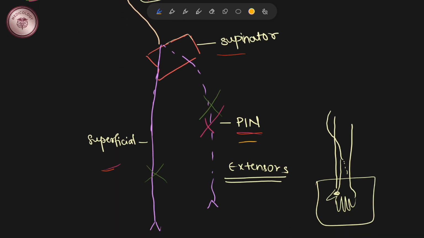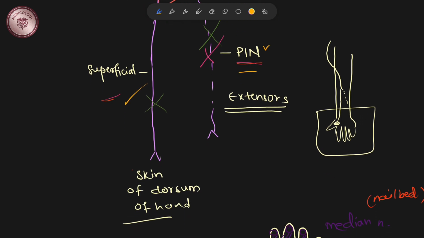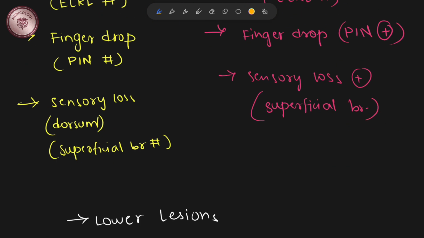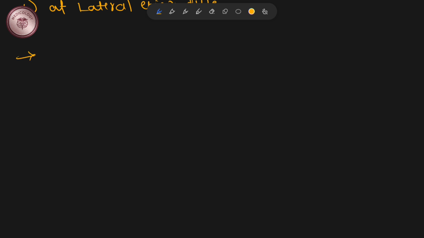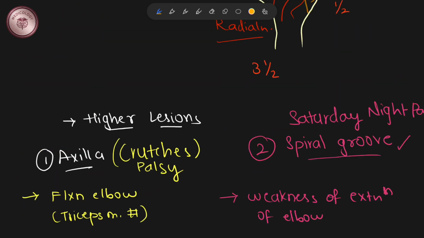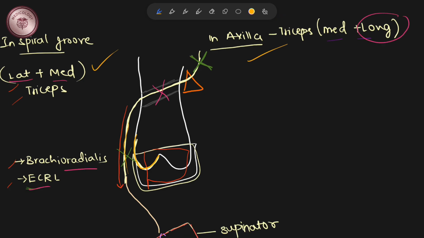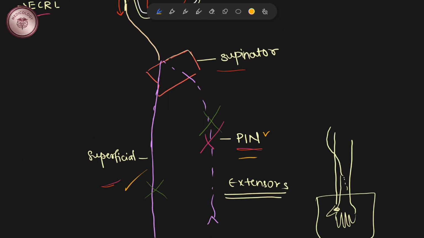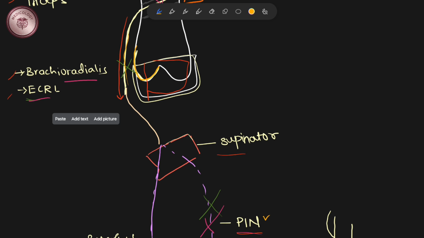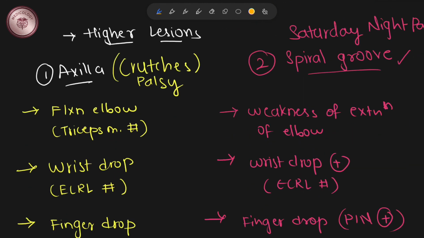What about the posterior interosseous nerve? Yes, affected. Superficial branch, affected. So let's write it down. Before that, all the muscles are working, they are spared, because we have the lesion over here. At the level of the cubital fossa, the brachioradialis and extensor carpi radialis longus muscles are before that, not at the same position as the cubital fossa, so they are totally spared.